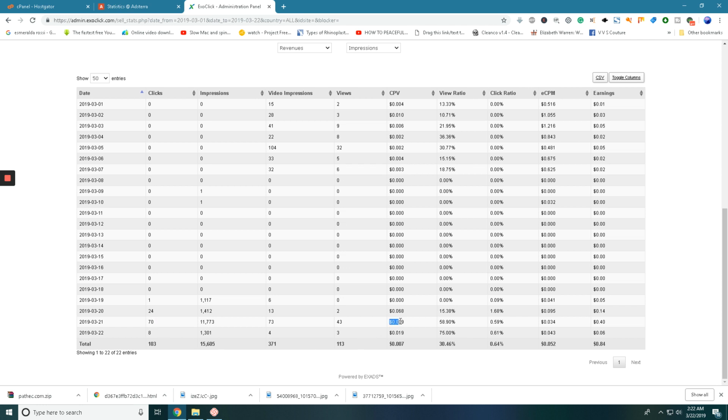The CPV was 0.09. View ratio was almost 59%. Click ratio was 0.59%. eCPM was 0.034. And all I received in earnings was 40 cents.